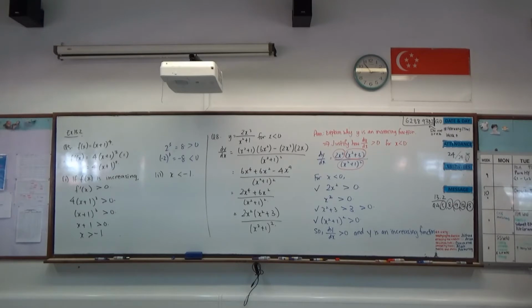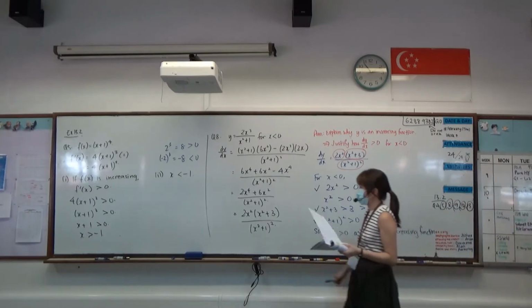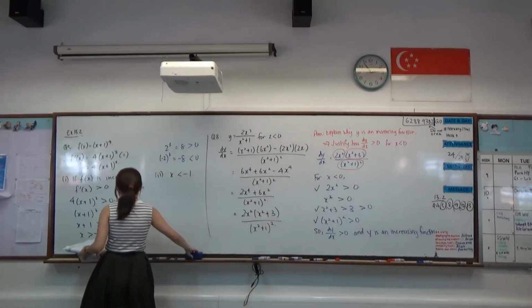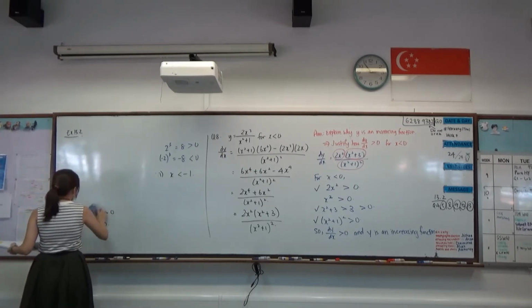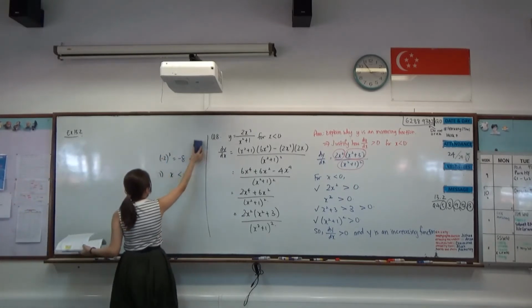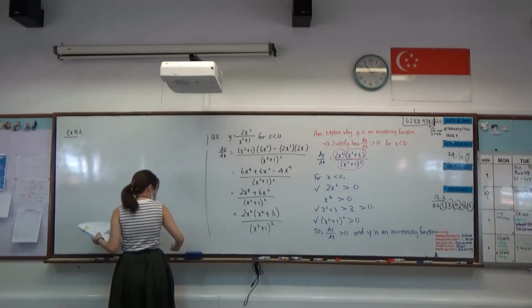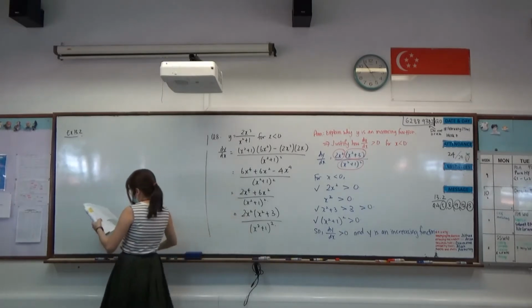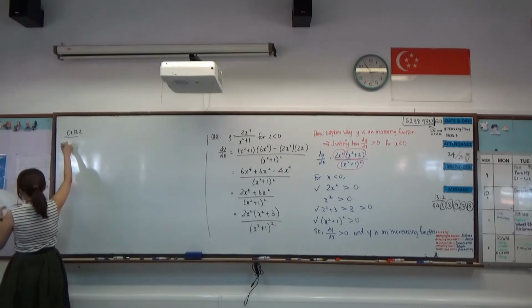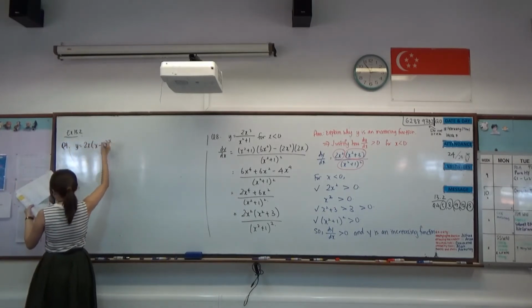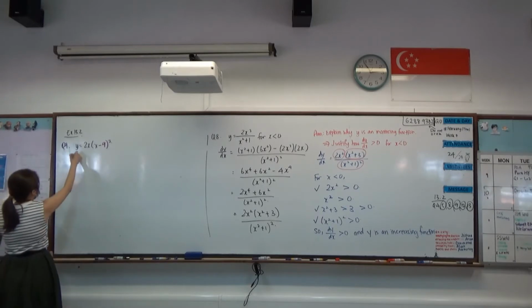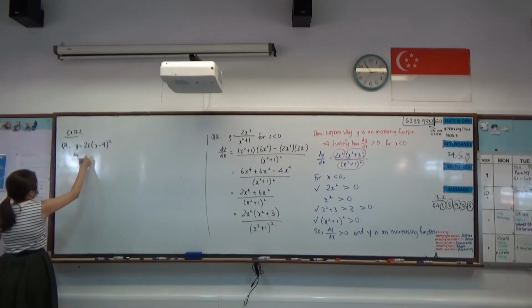So next one, question 9. Okay, we want to find dy over dx, so do product rule.